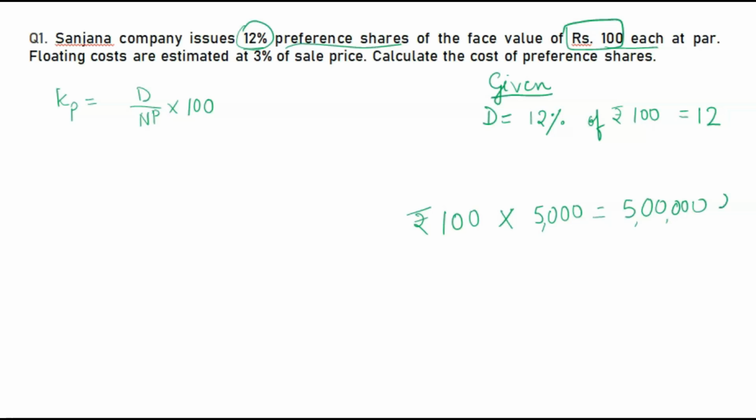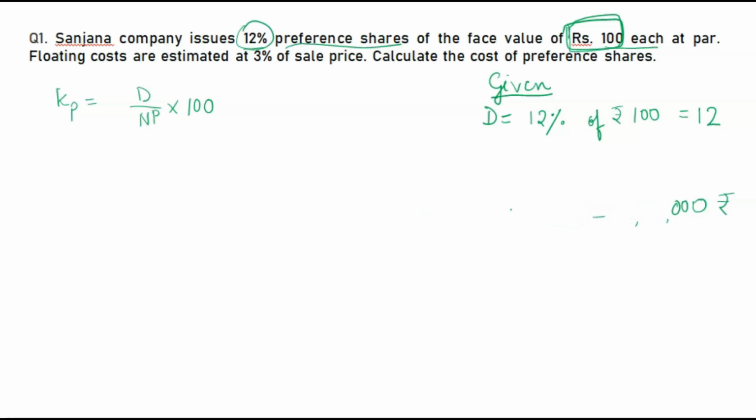Then on this 5 lakh we would have calculated 12%, and all the calculations would have been done on this 5 lakh. But now as the number of shares is not given, we'll take this 100 rupees only and calculate everything on this, because only the value of one share is given.